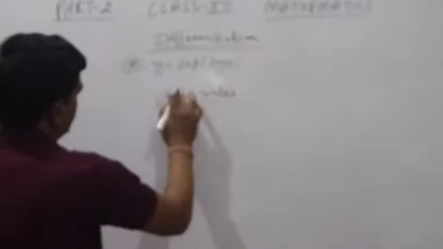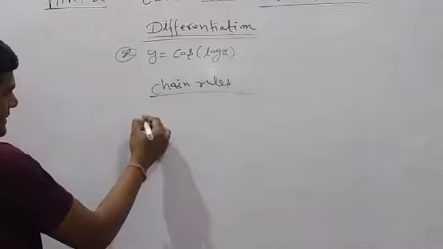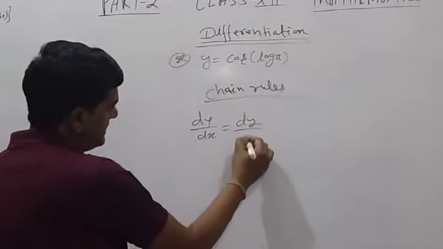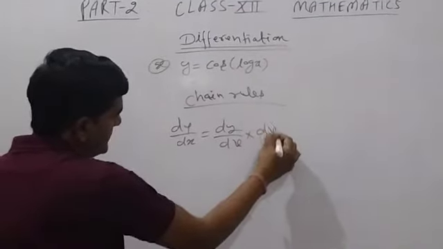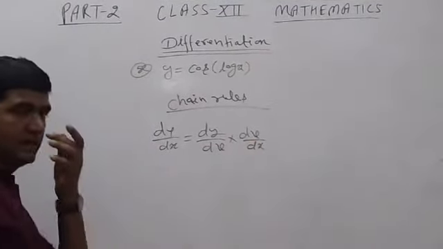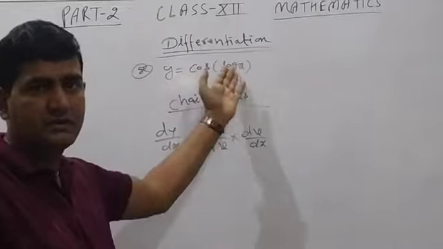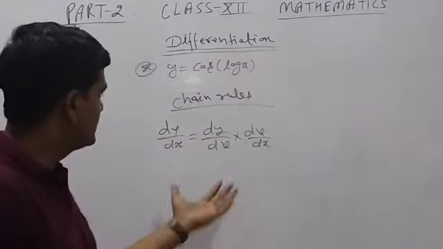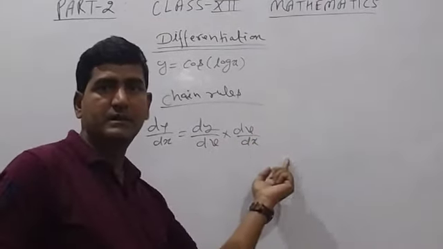Clear? Then dy by dx is equal to dy by dv into dv by dx, because here two forms are there. Two forms means only two composition terms are there. If there are three or more, we can put du by dv like this.